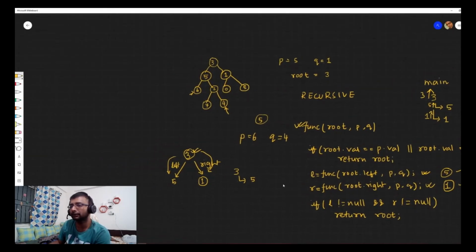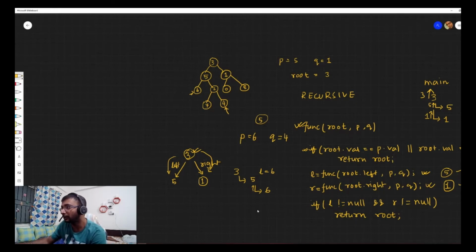So 3 calls with 5, and 5 calls again with its left. So 5 calls the 6, and when 6 is called, this condition is satisfied. So 6 is returned over here, and 5 receives a 6 from the left side.